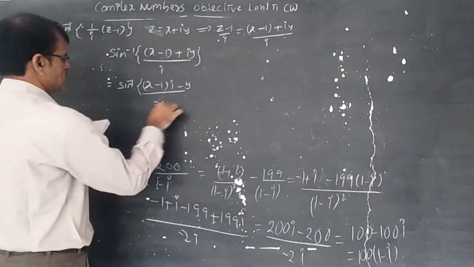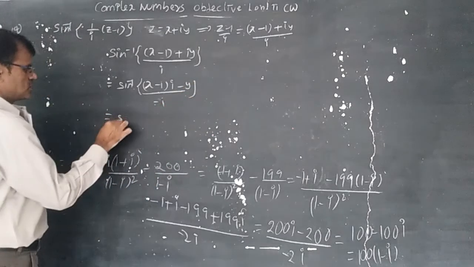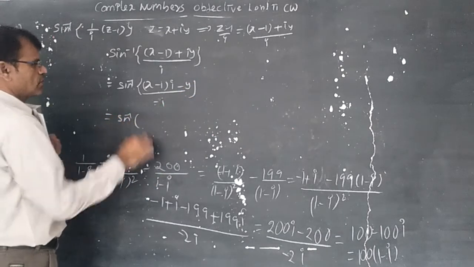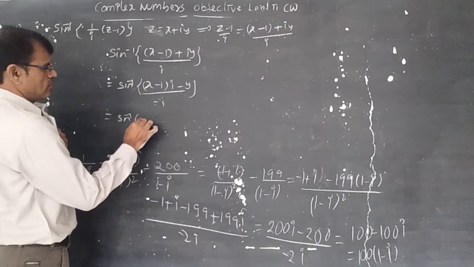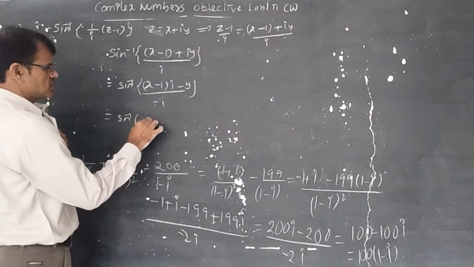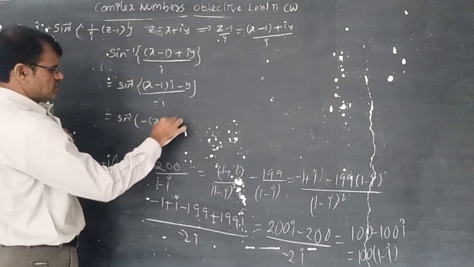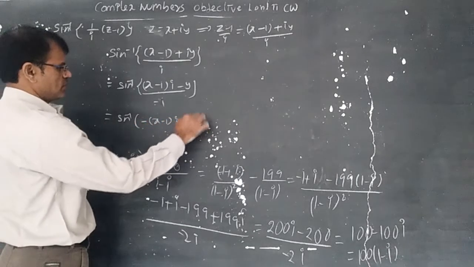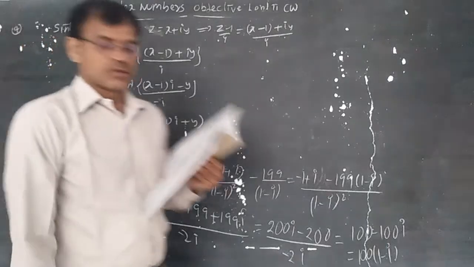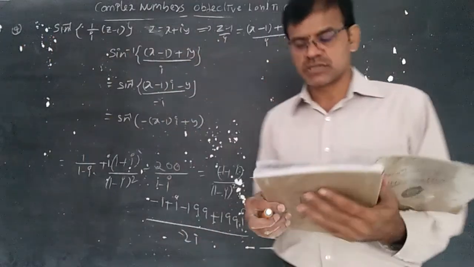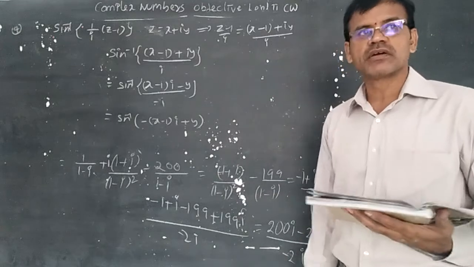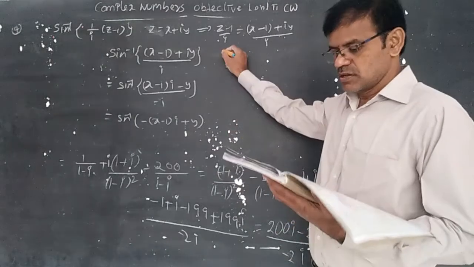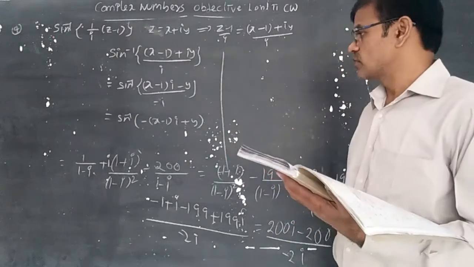Of course it is minus 1. So that is equal to sine inverse of minus of x minus 1 into i plus y. The domain of sine inverse is minus 1 comma 1.